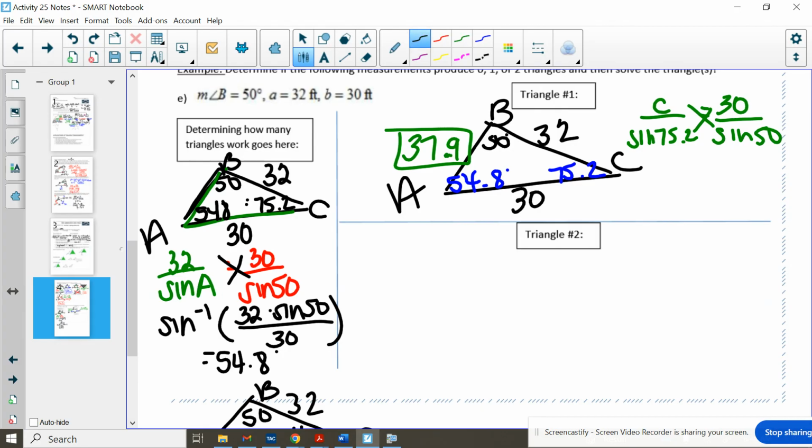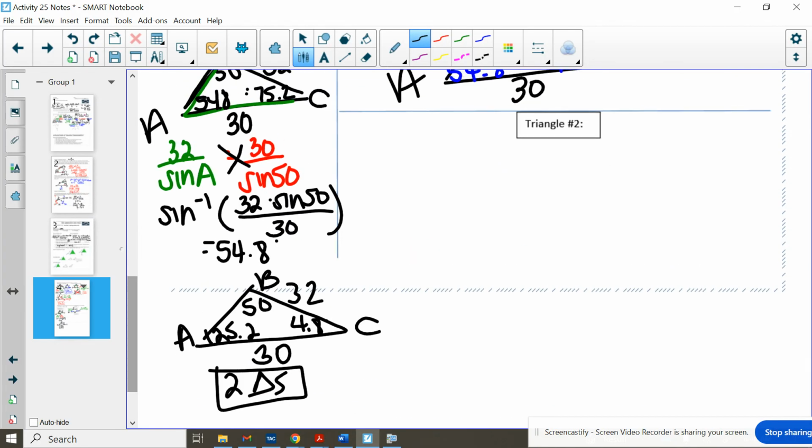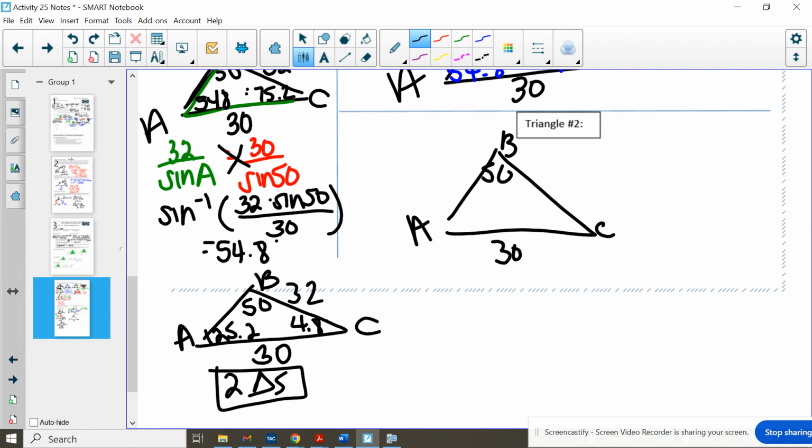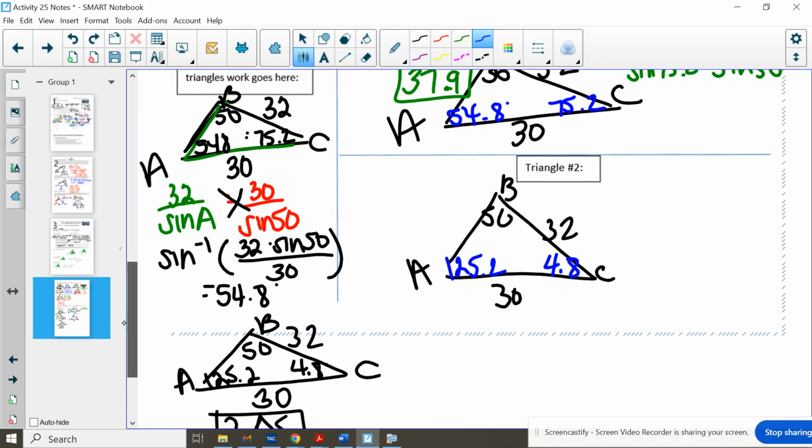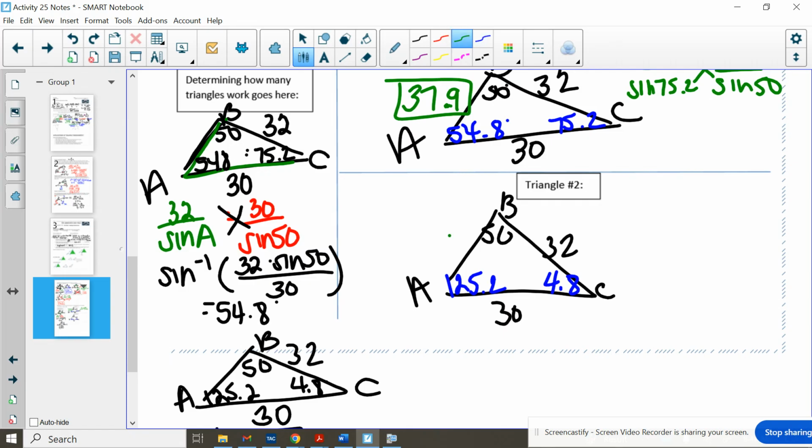And then on my second triangle, when we started looking for the triangles, we actually solved most of this, right? We still have that given info that's not changing. And then we found in this one that this supplemental angle was 125.2. This was 4.8. So that's 2 out of the 3 things we need. We have all 3 angles, and now we just need to find this last missing side. This time my side is across from the 4.8 degree angle.